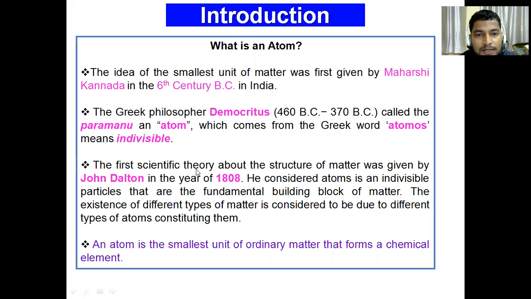The first scientific theory about the structure of matter was given by Sir John Dalton in the year of 1808. He considered that the atom is an indivisible particle that is the fundamental building block of matter. The existence of different types of matter is considered to be due to the different types of atoms constituting them.